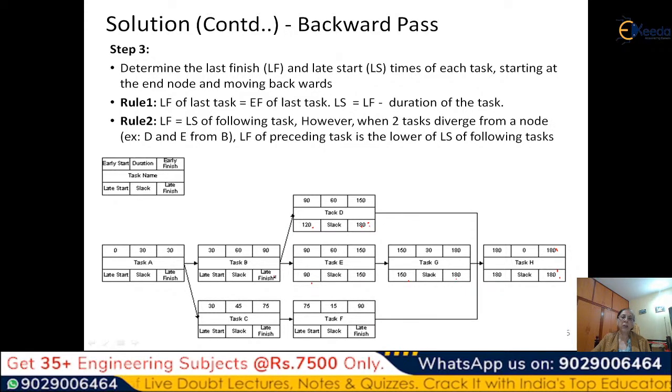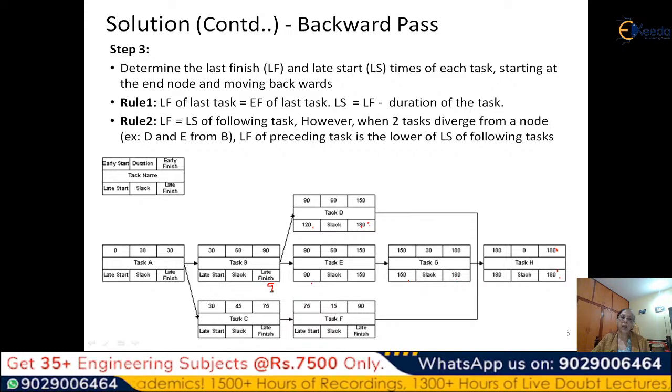Now here which one will you take? Here, last finish. Which one you will take? So rule 2 says LF is equal to LS of the following task. However, when two tasks diverge from a node, like D and E from B, then this LF, late finish, will be the lower of these two.